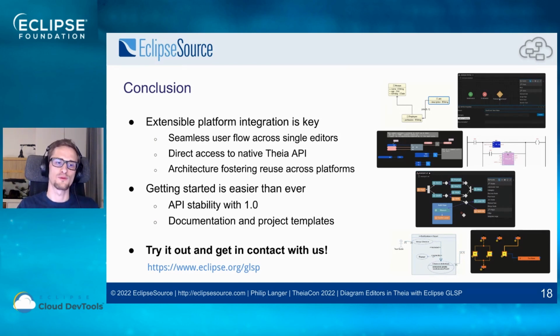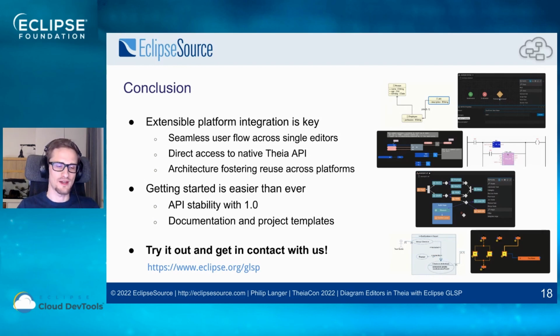And you can do that by providing direct access to a Theia native API that you can then use so that all the different components of your tool can interact and be integrated with each other. But still, of course, it's important to have an architecture that fosters reuse across different platforms so that you can, for instance, also use the same editor in a plain web application.